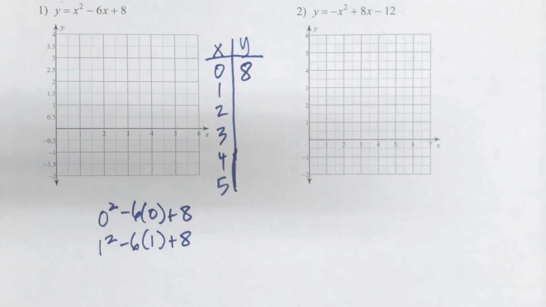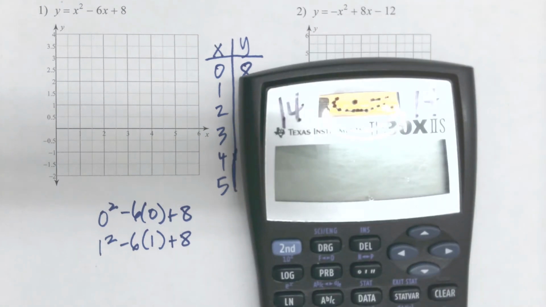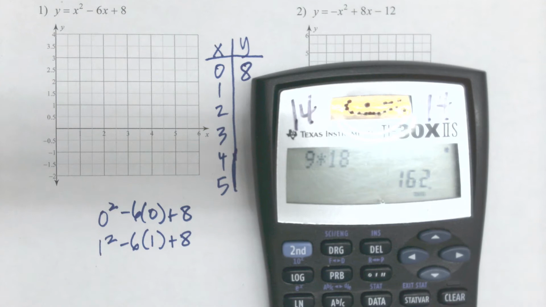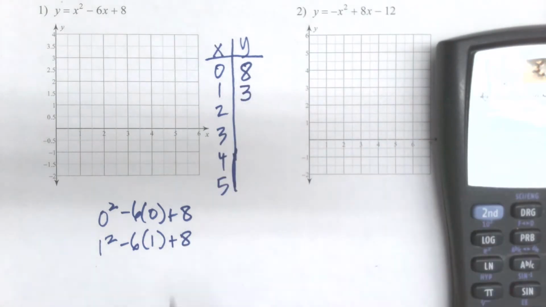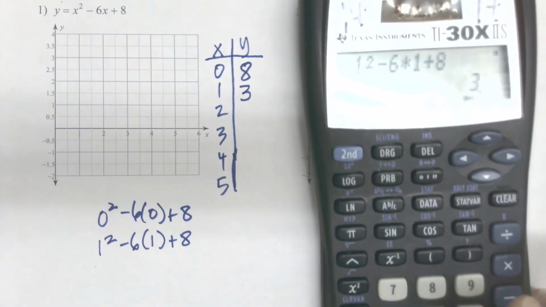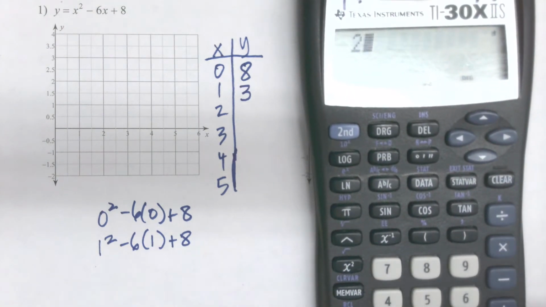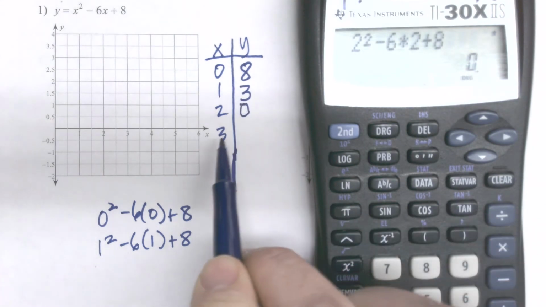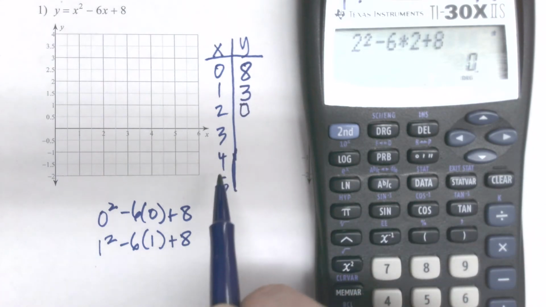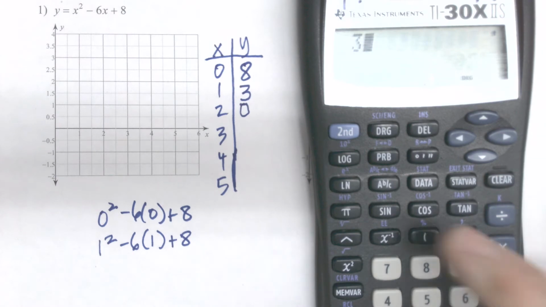And again, you can do the whole thing in your calculator. Plug it in exactly like you see it, get a value. Then I do 2 squared. Then I do 3, and just keep plugging them in and getting values.